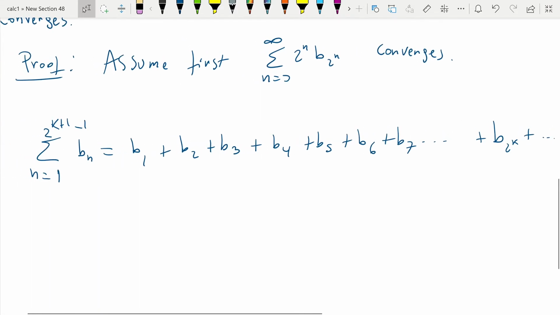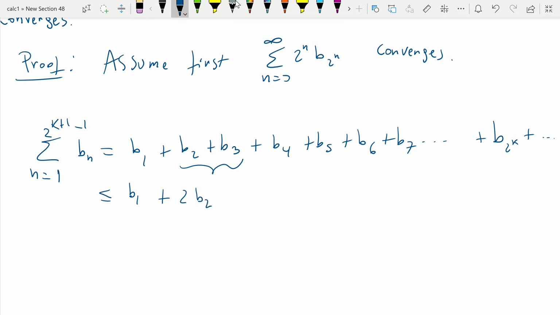And what is the idea here? So b1 is naturally less than or equal to b1. If we add these two terms, given that the sequence is decreasing, this is going to be less than or equal to 2 times b2, because b2 is greater than or equal to b3.